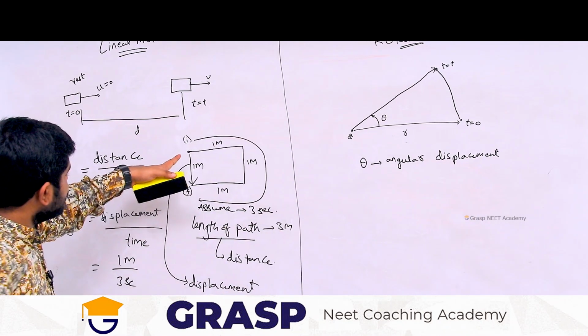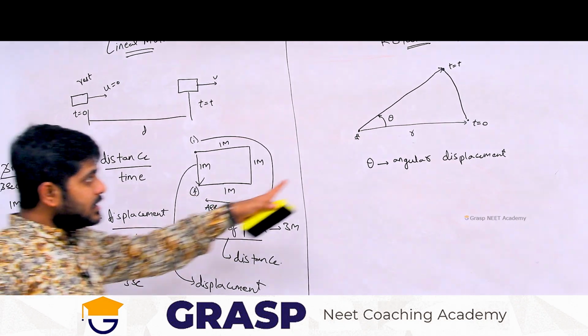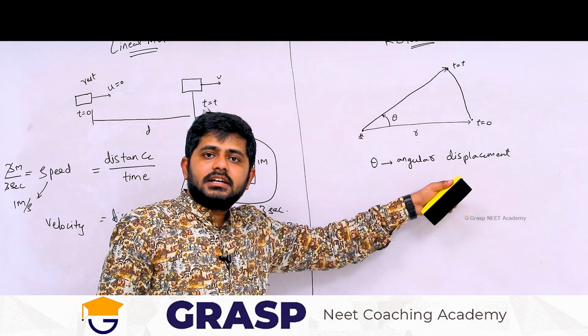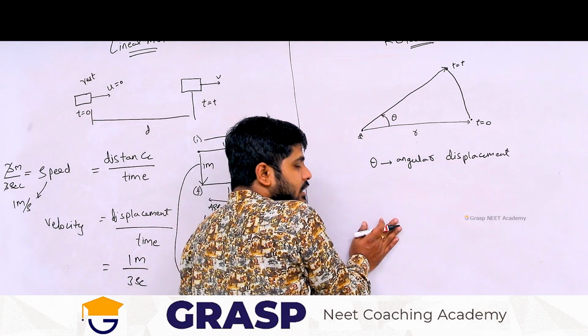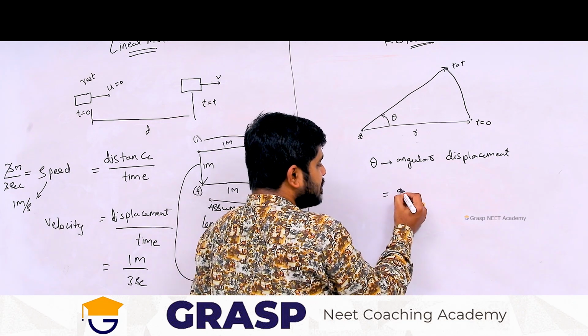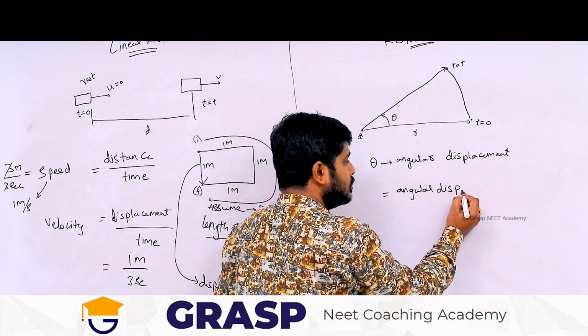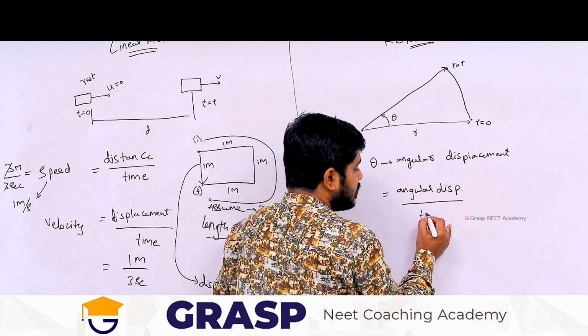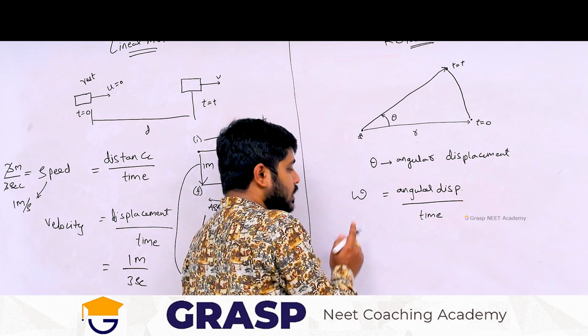Here, drawing a line directly from initial to final, we will say it is linear displacement. In this case we say angular displacement. Angular displacement upon time taken is angular velocity, that is omega.